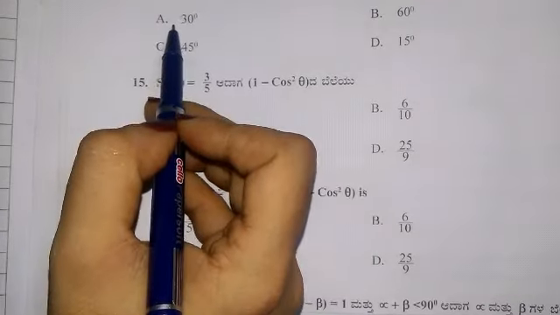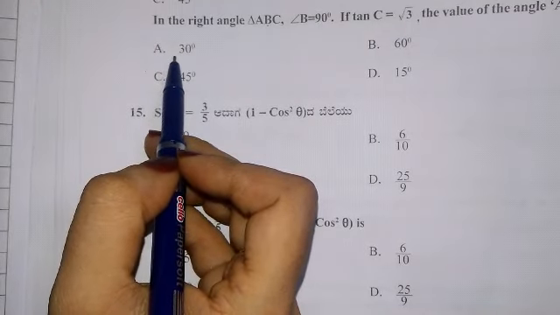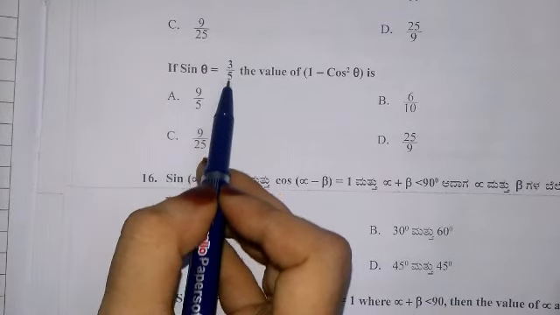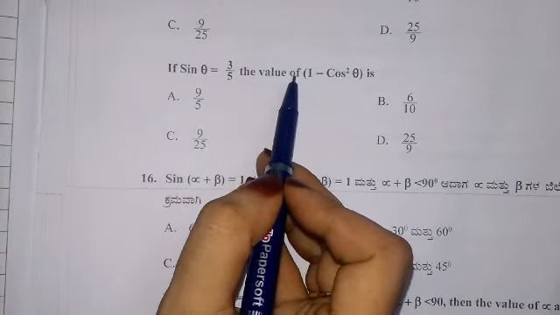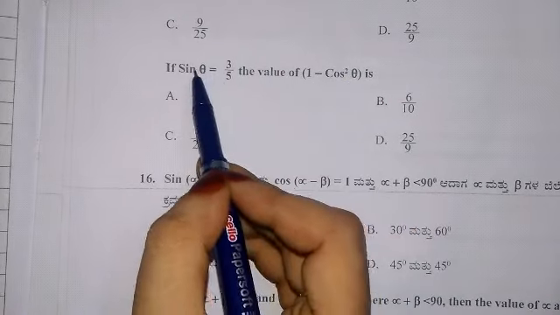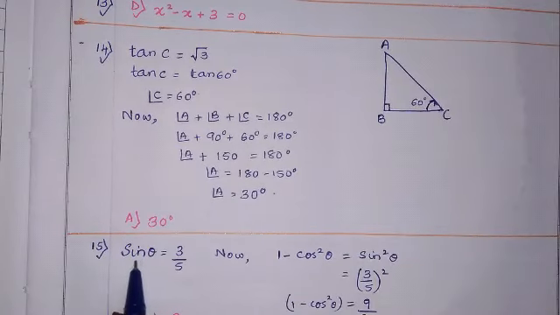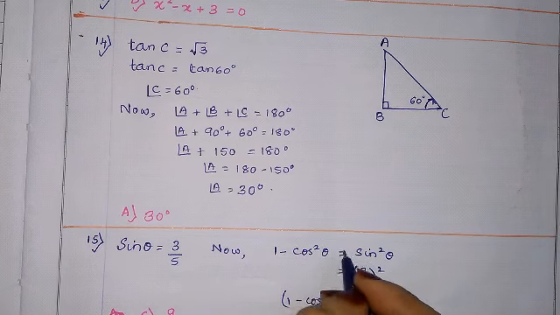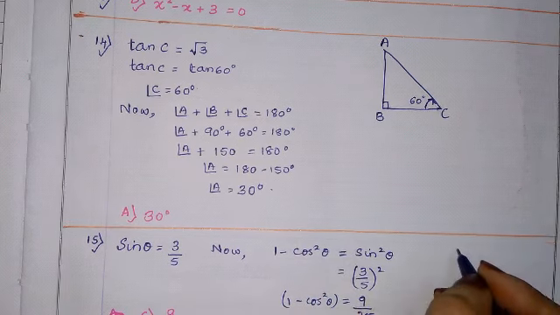You can see here. Yes. A 30 degree. Let us see the next question 15. If sin theta is equals to 3 by 5, the value of 1 minus cos square theta is. We know that 1 minus cos square theta is nothing but sin square theta, that is the identity.